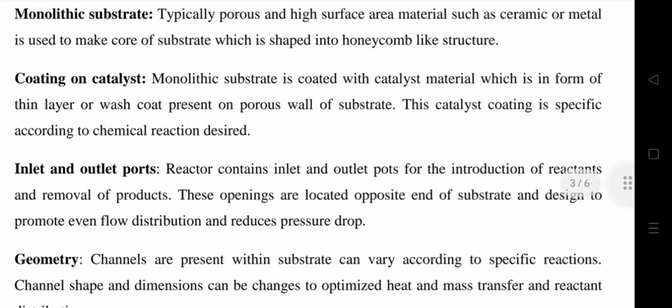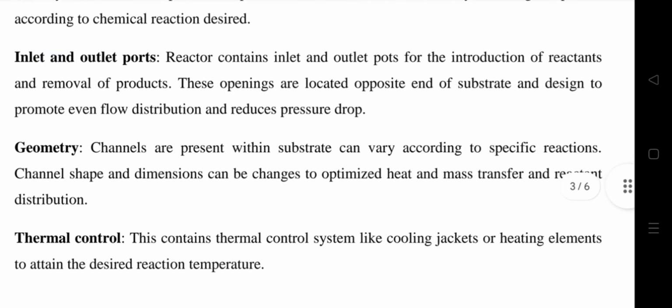Inlet and outlet ports. The reactor contains inlet and outlet ports for the introduction of reactants and the removal of products. These openings are located at opposite ends of the substrate and designed to promote even flow distribution and reduce the pressure drop. Geometry is very important for the formation of monolithic reactors.